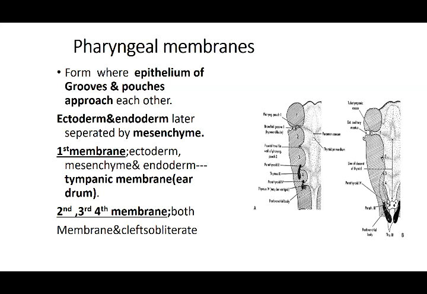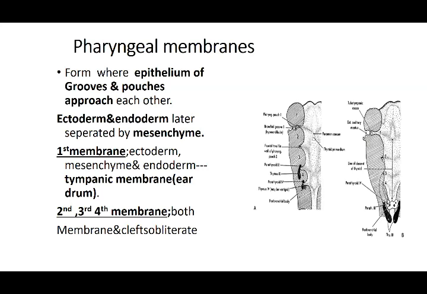From where the epithelium of the grooves and pouch approach each other, the ectoderm and endoderm are later separated by this mesenchyme, which is inside. The ectoderm, mesenchyme, and endoderm form the tympanic membrane, or the eardrum, at the level of the first cleft. Second, third, and fourth clefts, as we've said, are all obliterated, so they do not give rise to anything.